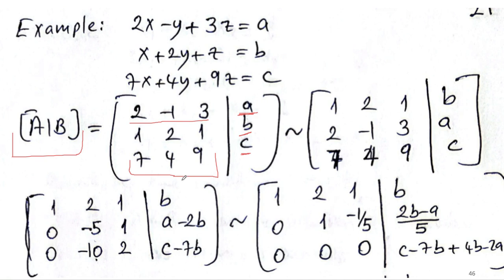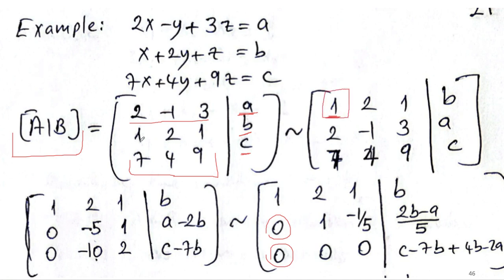Also note that we usually desire to get this leading term equal to 1 in the Gaussian elimination method, because if I have 1 here, I can multiply the first row by 2 or 7 and subtract from the second or third rows to get these terms equal to 0 more easily. So to do this algebra more easily, it's better if we have 1 here.